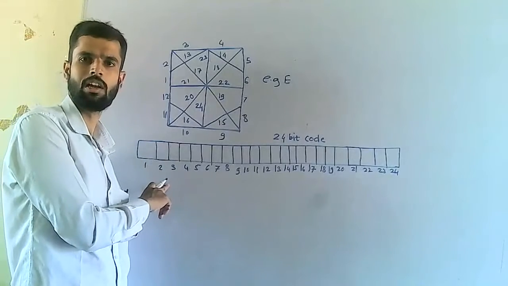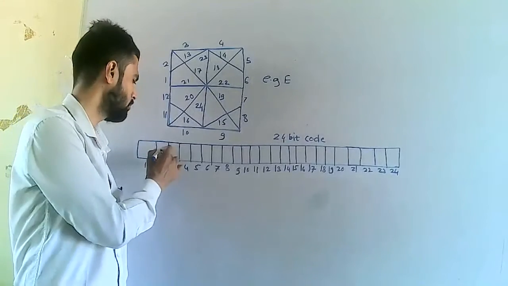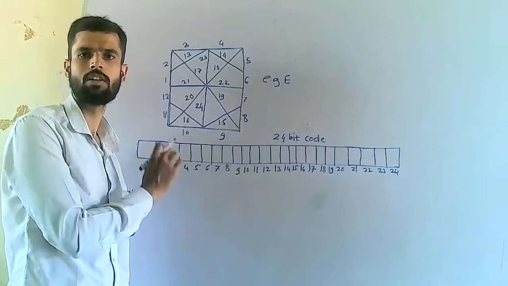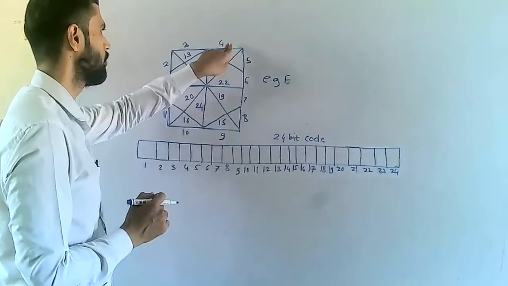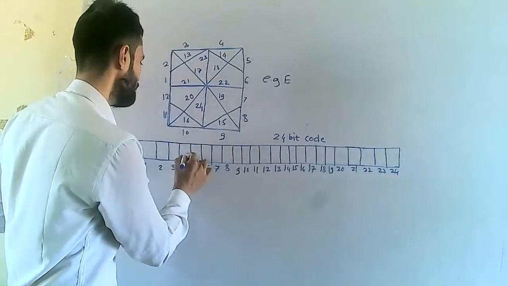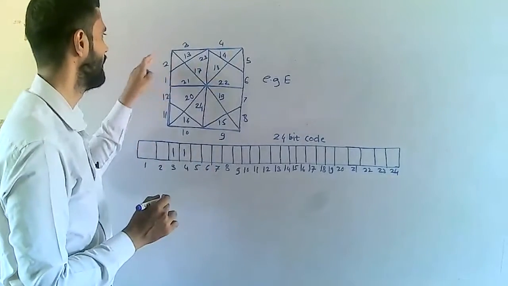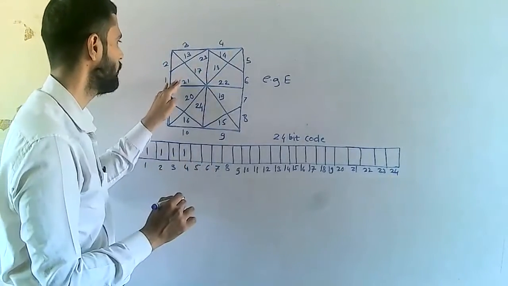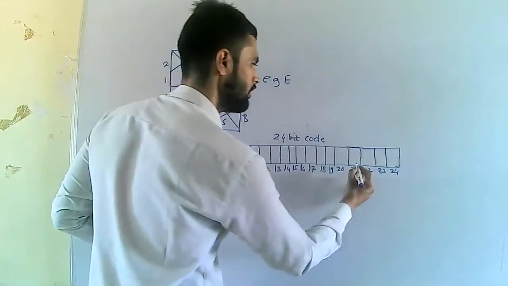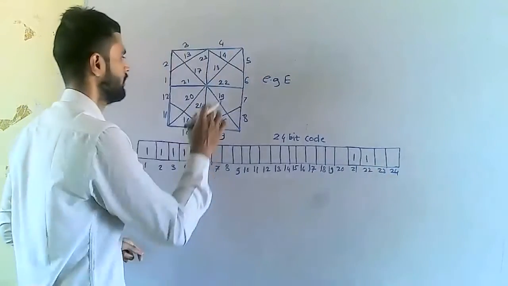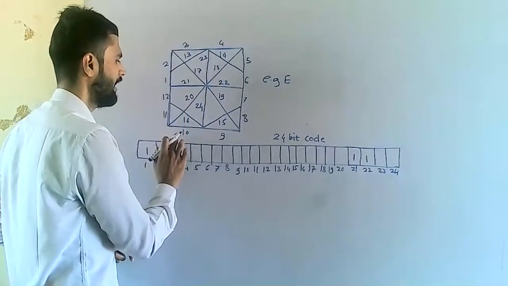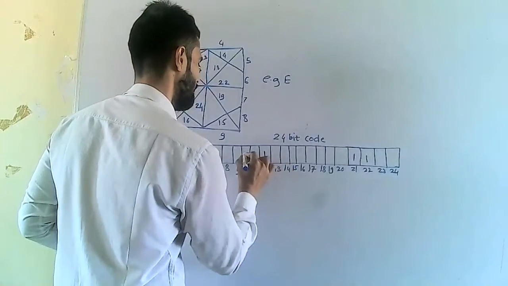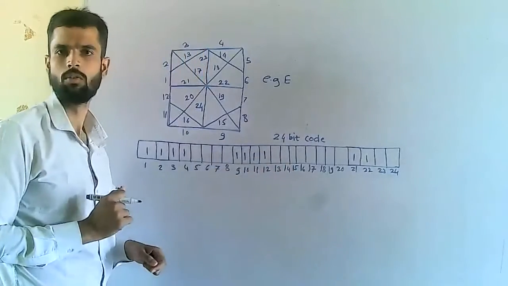If I don't use line segment number 2, then I have to put here 0. Okay, we have to represent everything in the form of 1s and 0s. Okay, so 4, 3, 2, 1, 21, 22, then 12, 11, 10, and 9.